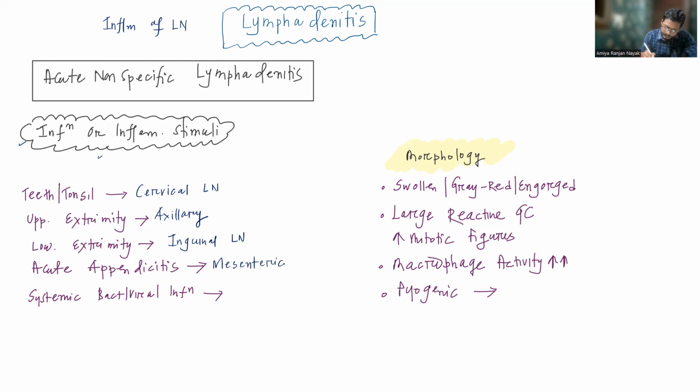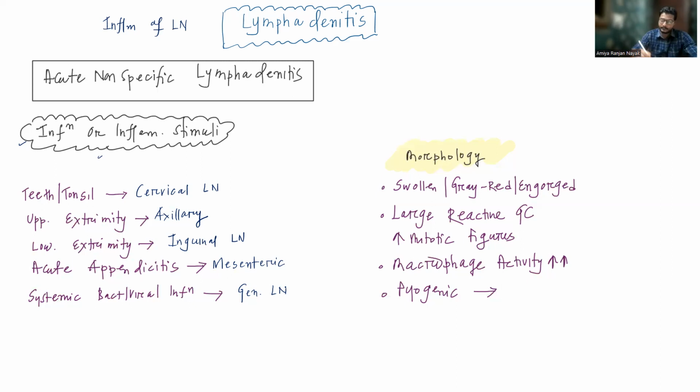And if the patient has a widespread systemic bacterial or viral infection, that is going to cause generalized lymphadenopathy, generalized lymphadenitis. It's very simple: whichever lymph node is draining that particular area will be affected, and if it is a widespread, severe bloodstream infection, it causes generalized lymphadenopathy.